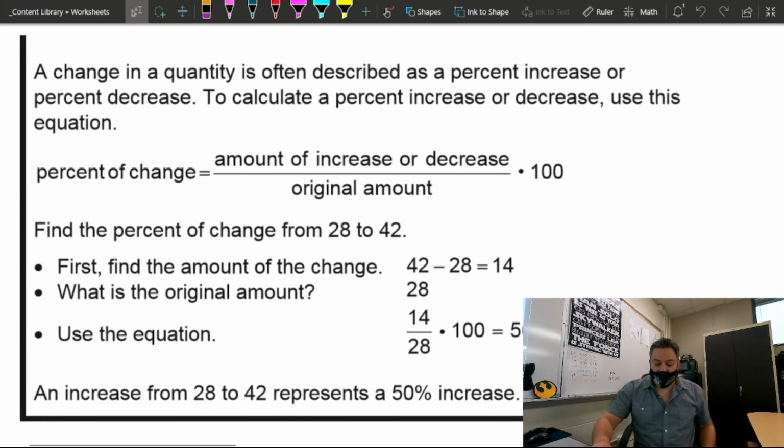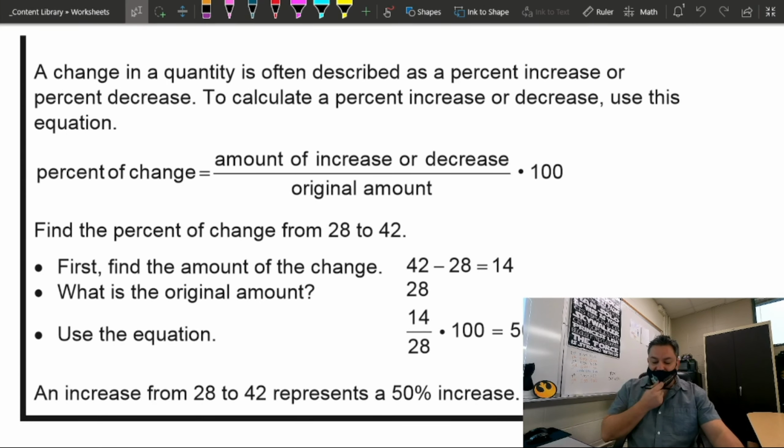Okay, so the percent of change formula equals the amount of increase or decrease divided by the original amount, and then whatever you get on that ratio, you multiply times 100 to convert it into a percent.